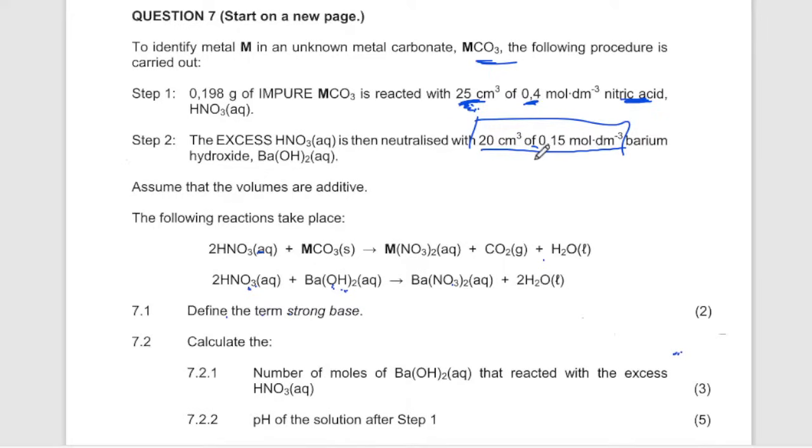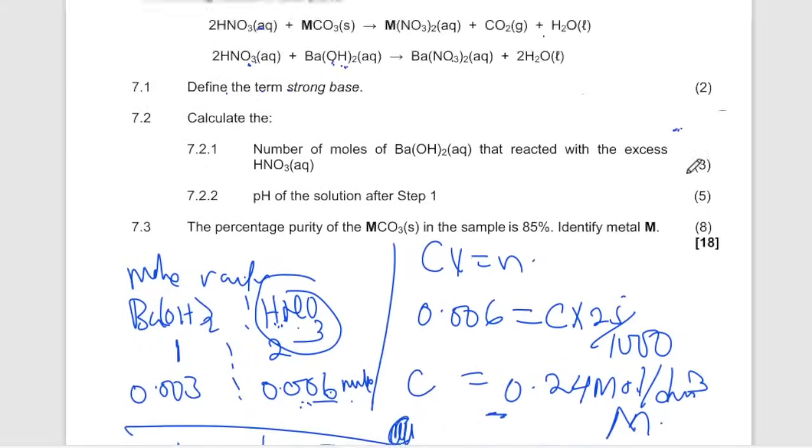Now, number 2, they say excess nitric acid was reacted with barium. But we don't know how much we started with, how much reacted, and how much remained after reacting. So now we have to calculate all that so that we can score these 8 marks.